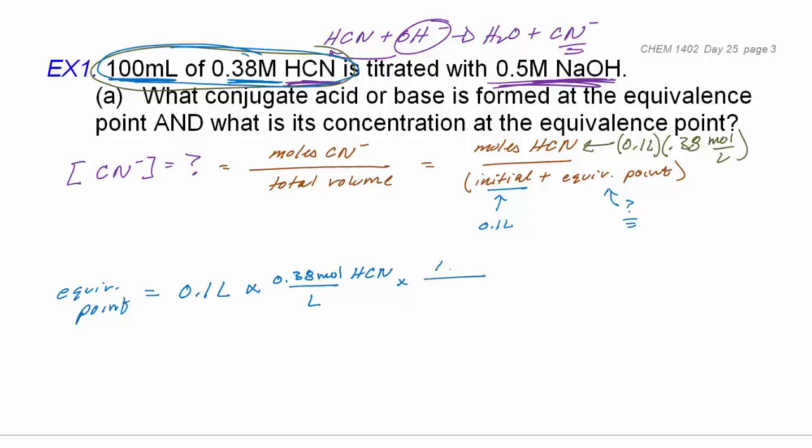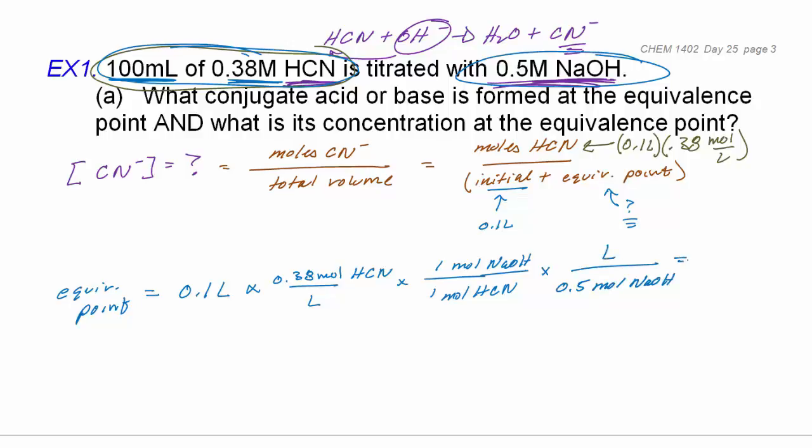And then I have 1 mole of hydrocyanic acid for every 1 mole of NaOH. And my concentration of NaOH is 0.5 moles of NaOH in a liter.